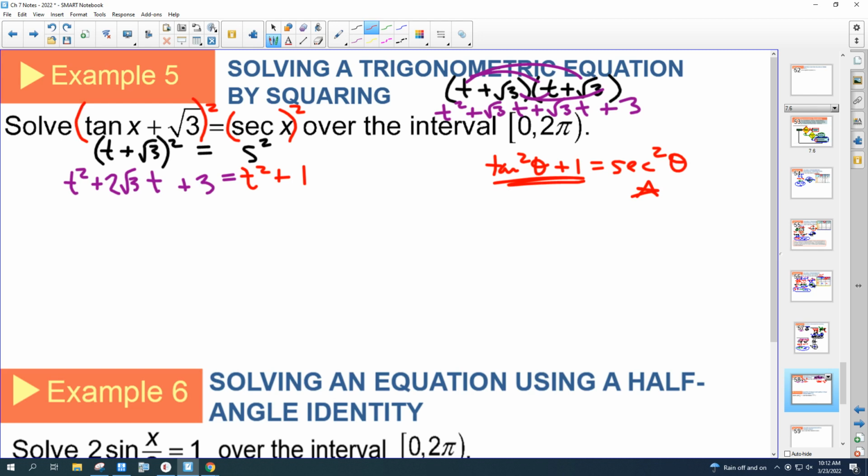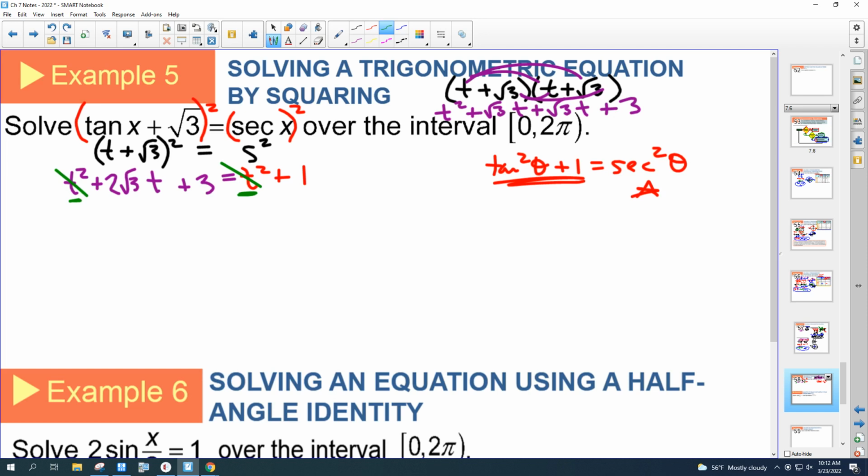And that may not look easy to you at this point, but something super awesome happens right now. Okay? Something really good. We would want to get our like terms together, but you'll notice when you try to subtract this t squared over to the other side, they're going to cancel each other out. T squared minus t squared is gone. And so what I am left with up there in purple and red is an equation with only one variable.